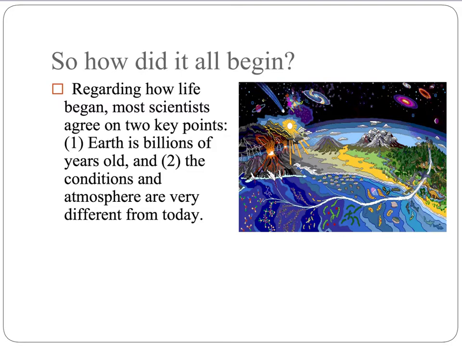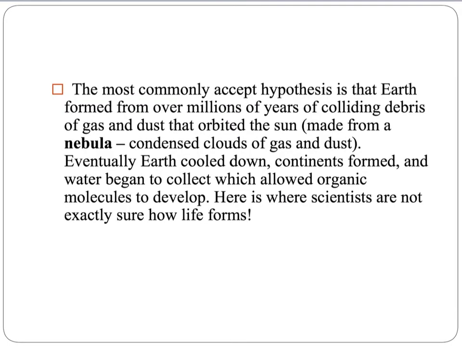And now we're going to learn about how scientists think that the Earth was even formed in the first place. I mean, how did we even get here? So the most common hypothesis, and remember, hypothesis is a science guess, an educated guess, is that the Earth formed over millions of years and debris, which is like junk of gas and dust, made a giant nebula, a big cloud, and eventually that cloud cooled down and it was Earth, and continents formed.